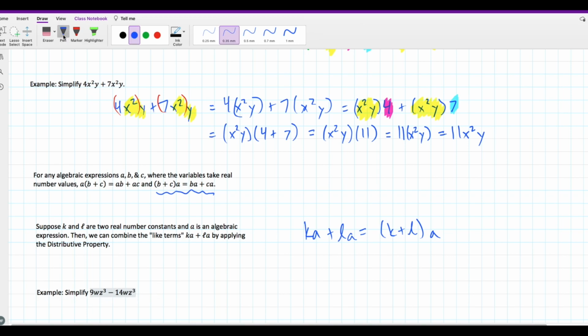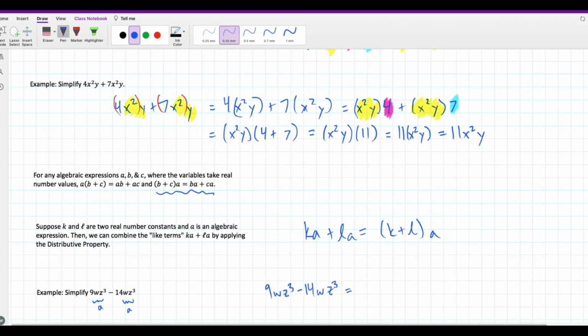First of all, again, in order to provide an example that makes sense for this, they do have to have that same algebraic expression in both of them. So the A here is WZ cubed. So that means we're going to take 9WZ cubed minus 14WZ cubed.